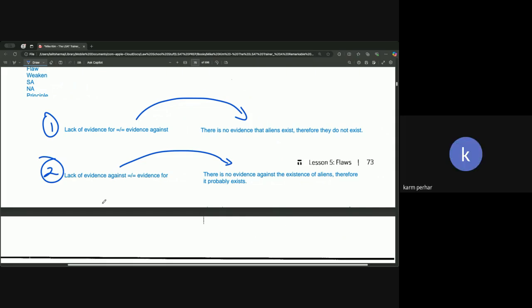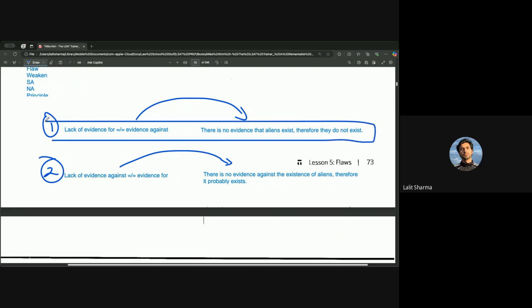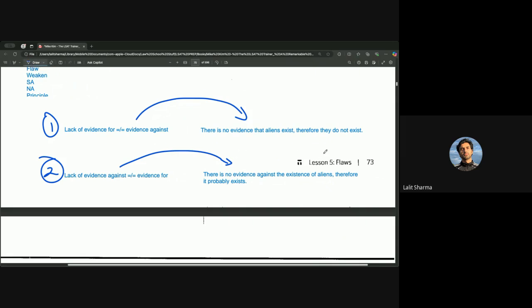Whoever's making the argument in that question will make this error a lot more than the second one, which is a good thing. The first one's very easy to think about because it happens a lot in real life and there are no negatives going on. So it's easier to understand.